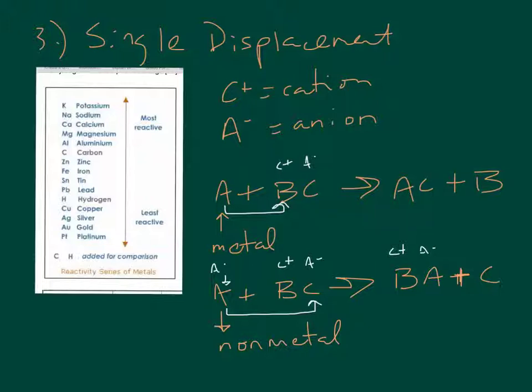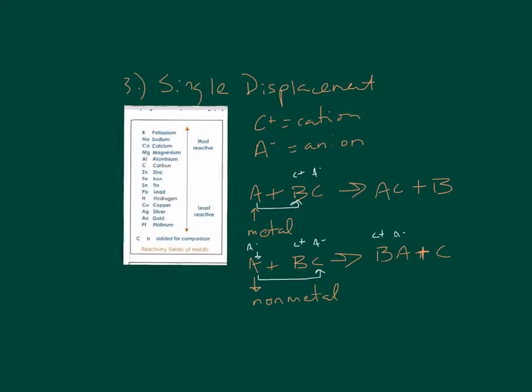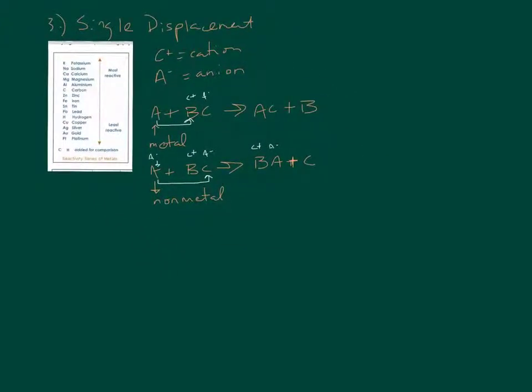Alright, so let's look at some actual examples of single displacement reactions and see what the equation is going to look like. Alright, I'm going to make this small and move it out of the way, and that way I've got some room here. Okay, so let's look at, how about copper plus silver nitrate. We want to predict what the product will be for this reaction.